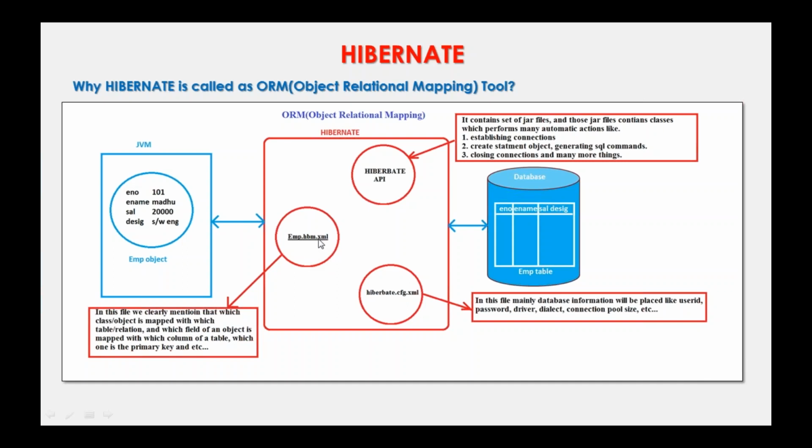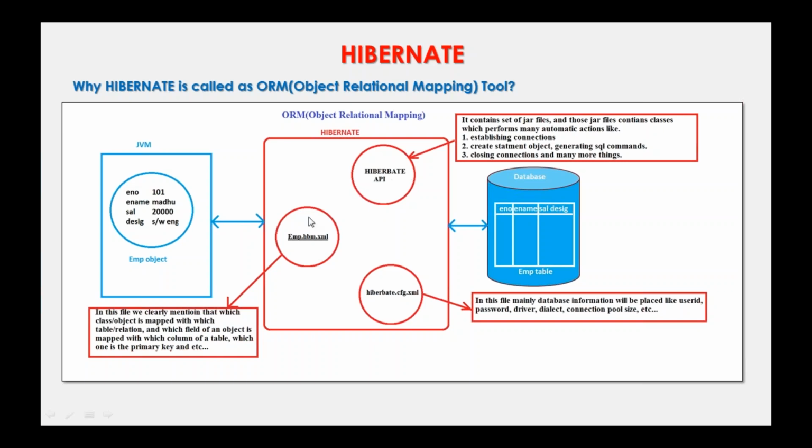In the HBM file, I'll mention which object has to be stored in which table. And in that object we have many values. Which value has to be stored in which column? 101 has to be stored in the ENO column. Madhu has to be stored in the ename column. The SAL value 20,000 has to be stored in SAL. The DESIG value software engineer has to be stored in the DESIG column. That also I'll mention here in the mapping file. Okay.